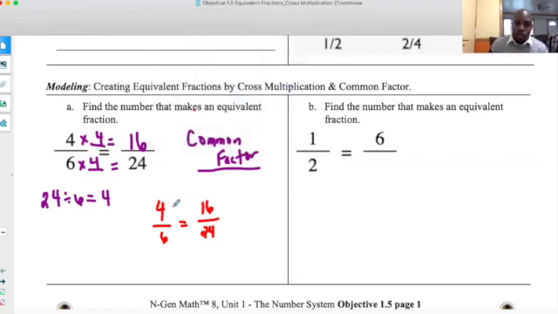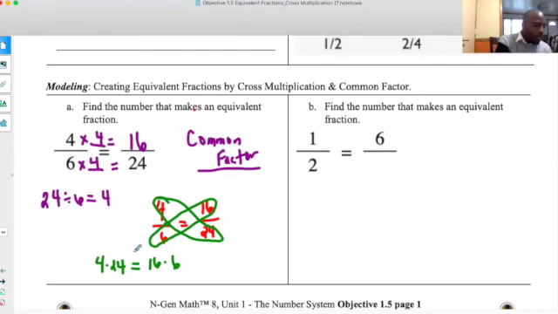When I go to cross multiply and say, okay, 4 times 24 and 16 times 6, these should be equal to each other. If they're not equal to each other, then no, they're not equivalent fractions, right? But when you do multiply these, you do get 96 is equal to 96, which tells you that you did it right.